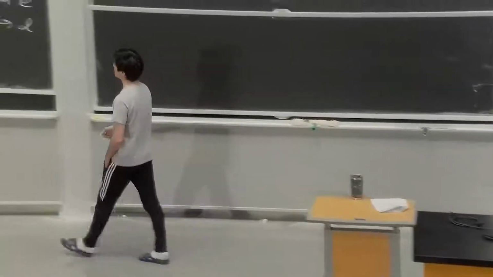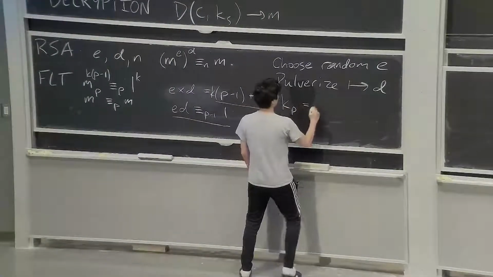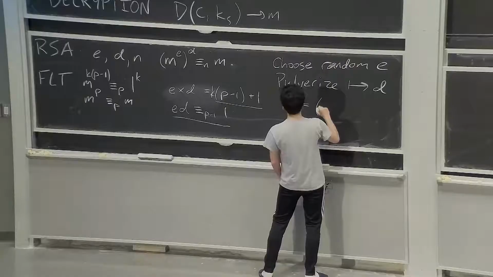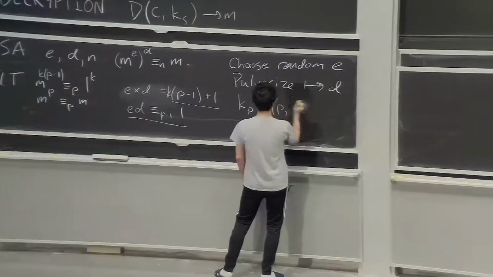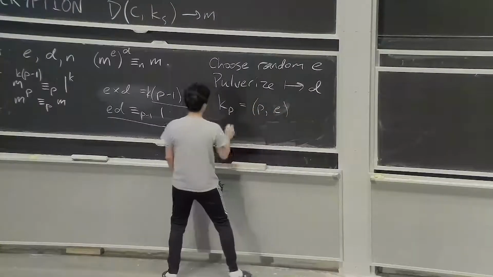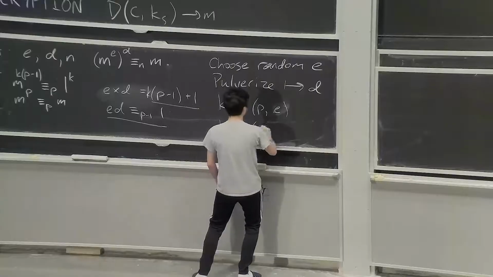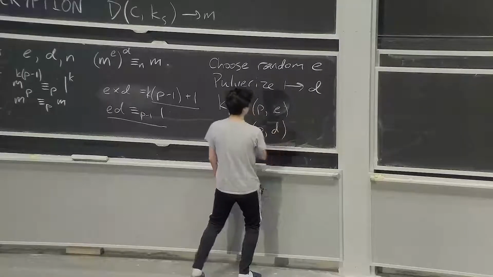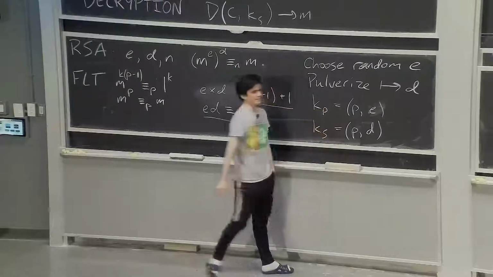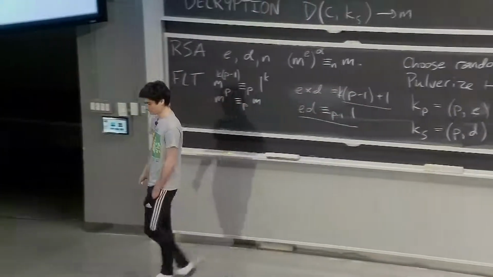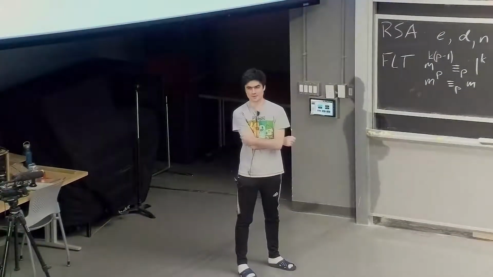So in this case, our public key, KP, is going to be the pair P comma E. And our secret key is going to be the pair P comma D. Okay? So this is what we need in order to encrypt. This is what we need in order to decrypt. I claim that this is insecure.